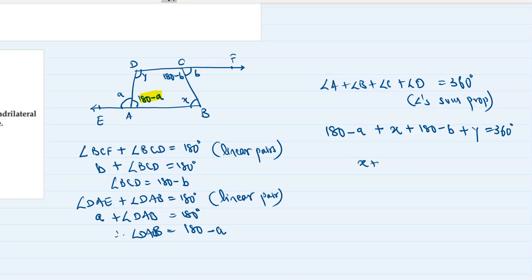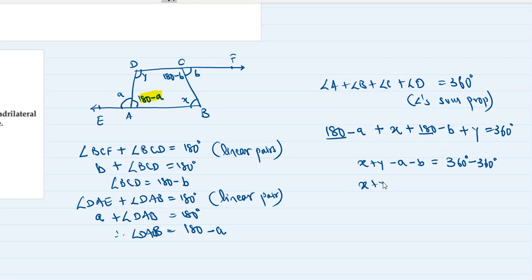So X plus Y minus A minus B is equal to 360 minus 360. Where did this minus 360 come from? You see, 180 plus 180 is 360. You shift it to the other side, you get 360 minus 360, which is 0.